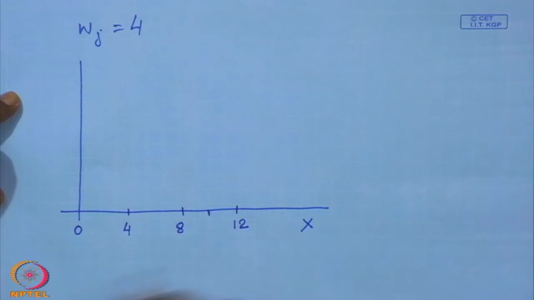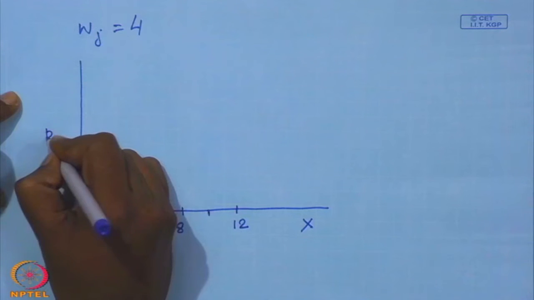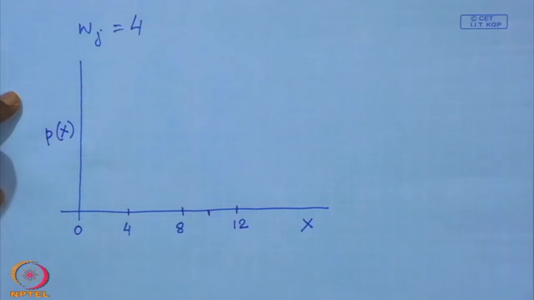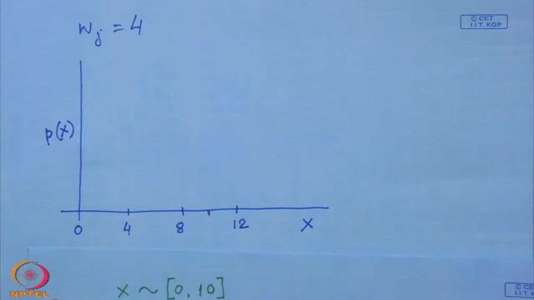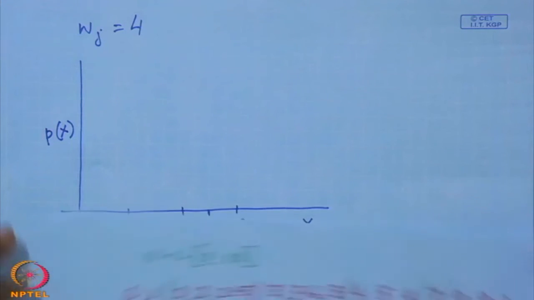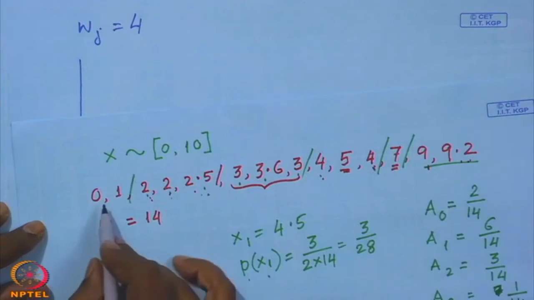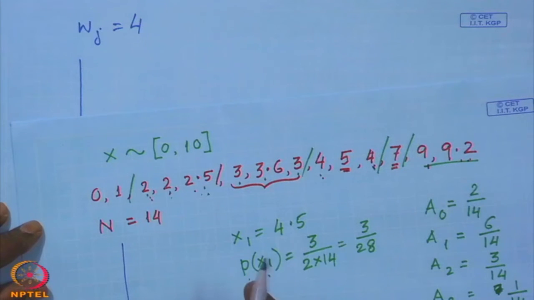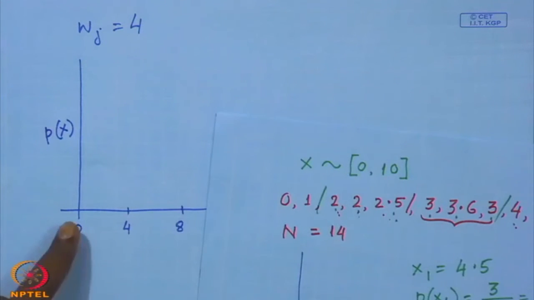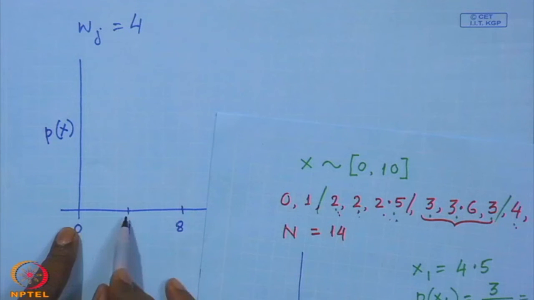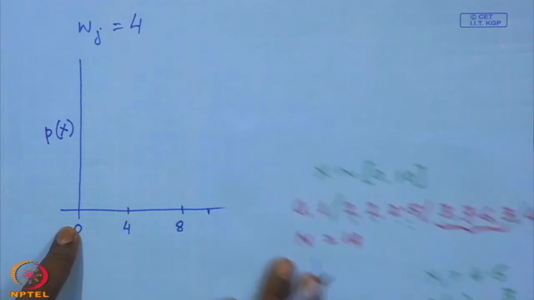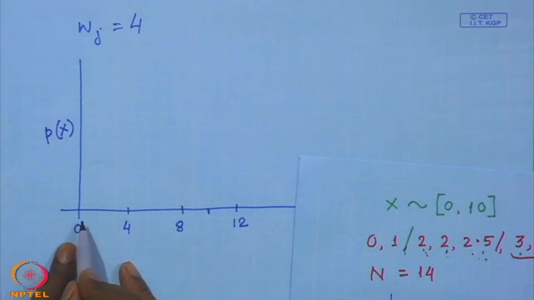On this axis I plot x, on this axis I plot p of x, the probability of x. And again I use the same set of samples for estimating the probability density function. So, first I have to see how many samples fall within the bin 0 to 4, that means the values of x which are greater than or equal to 0, but less than 4.